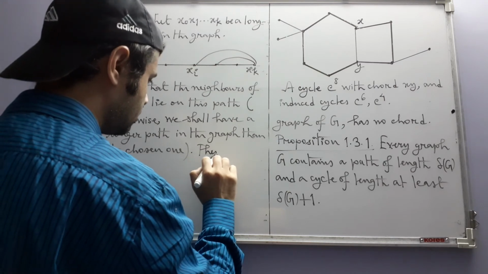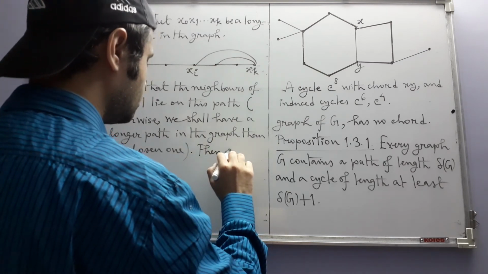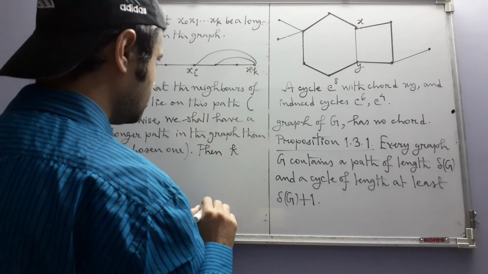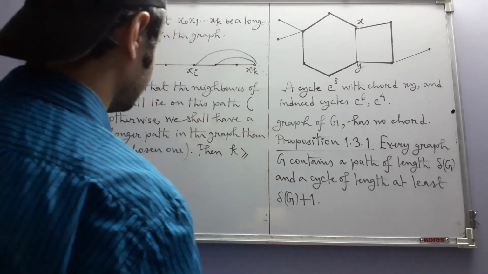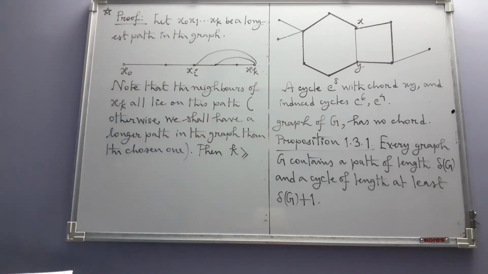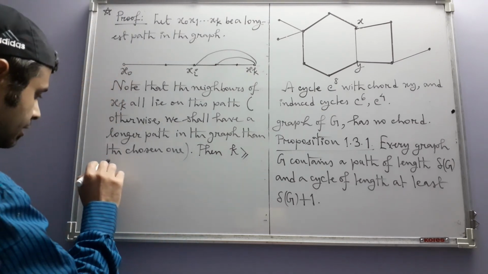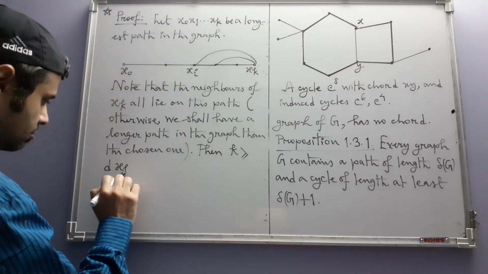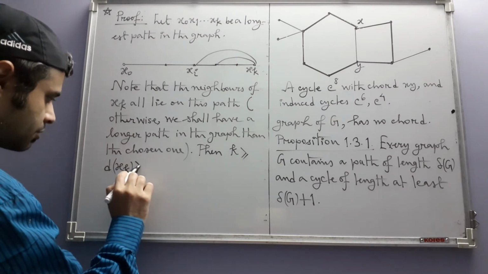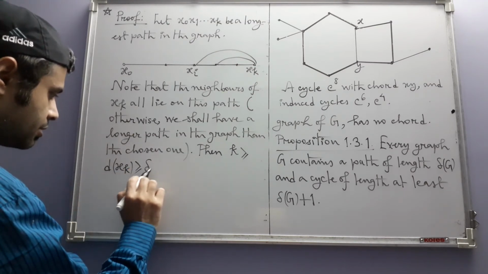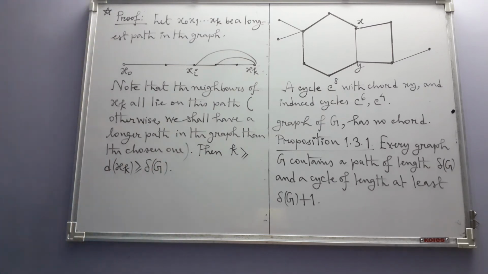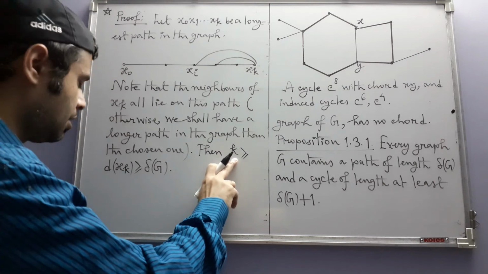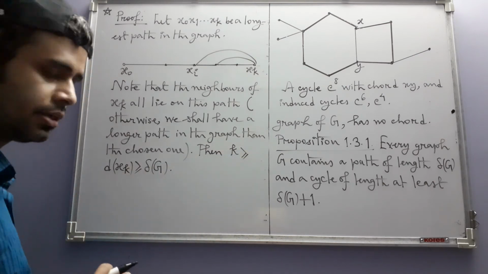Then, k is greater than or equal to, what was it? k is greater than or equal to degree of xk, which of course itself is greater than or equal to the minimum possible degree of G. Where are we getting the first inequality from?